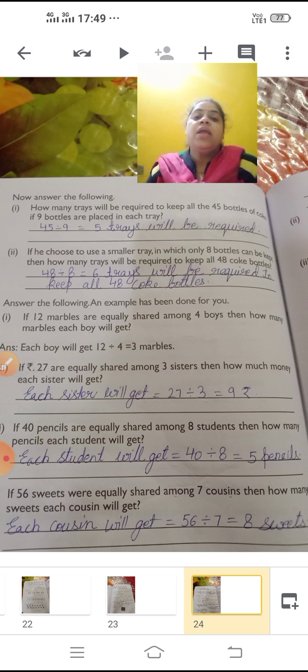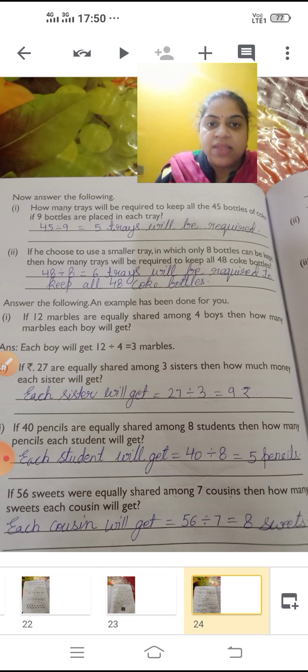If we have to share that with the 7 cousins equally, then how will we share those sweets? 56 divided by 7 will give you 8 sweets divided among the 7 cousins. So the total of 56 sweets will be shared among 7 cousins. That is 8 sweets each cousin will get. Understood?